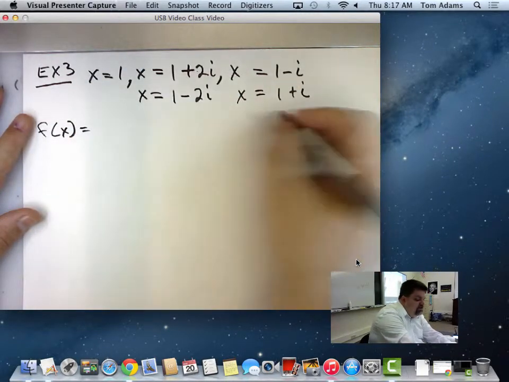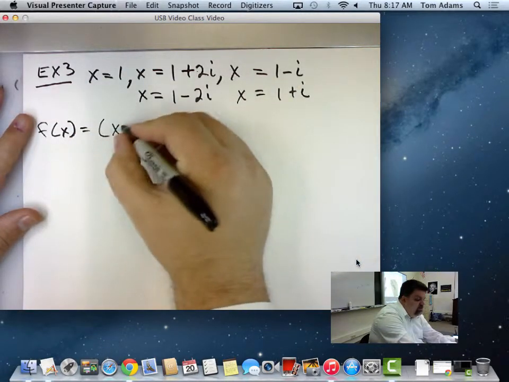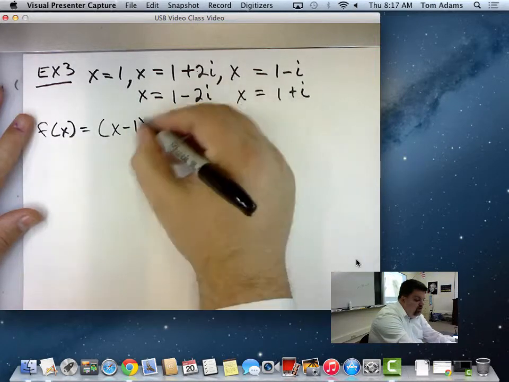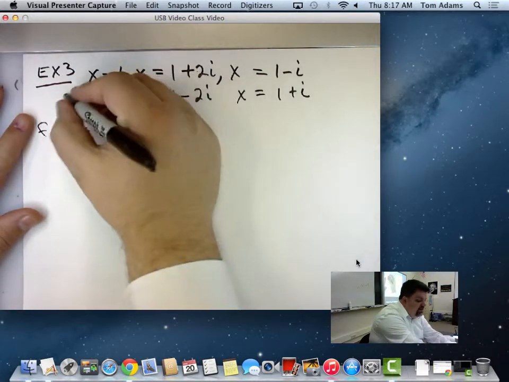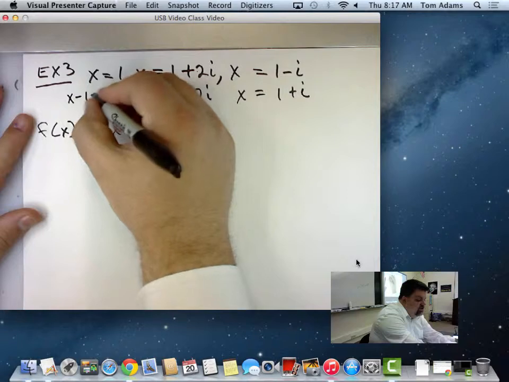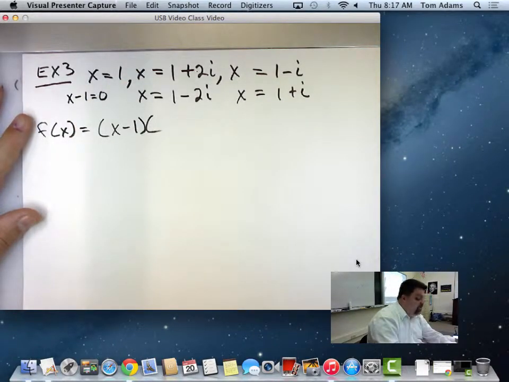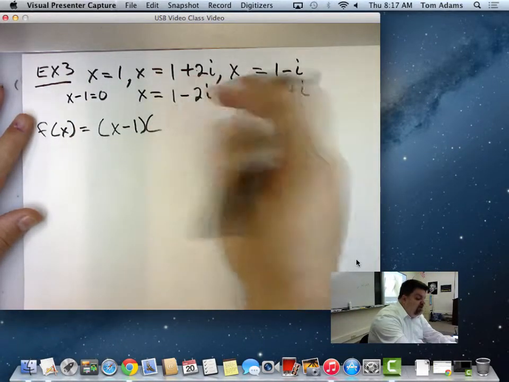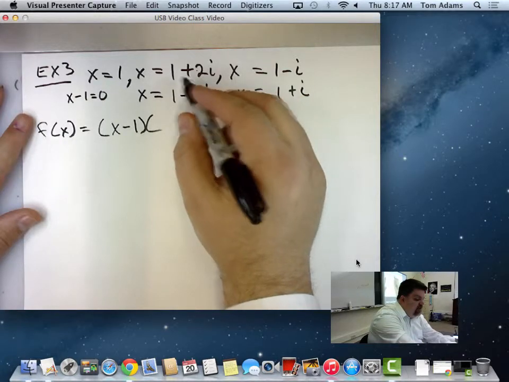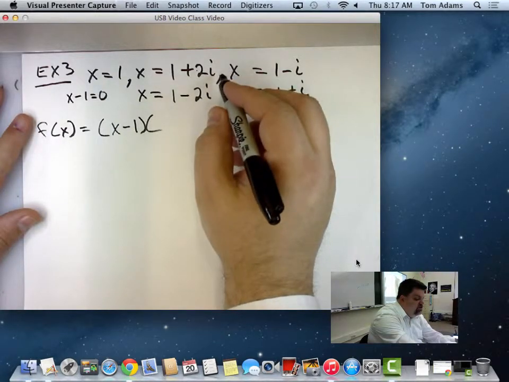So now what I need to do is say f of x equals, and I'm going to take each one of these and set them equal to 0, which will give me x equals 1. Right? Because if I take this and set it equal to 0, I'll say x minus 1 equals 0. I said it wrong, but I wrote it down right. If I do that with each one of these, I'm going to change the signs of the solution.